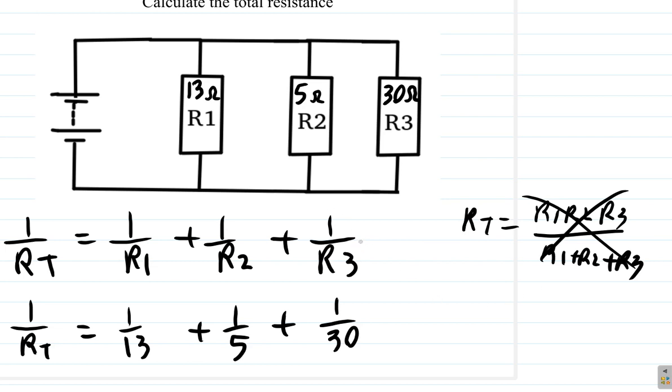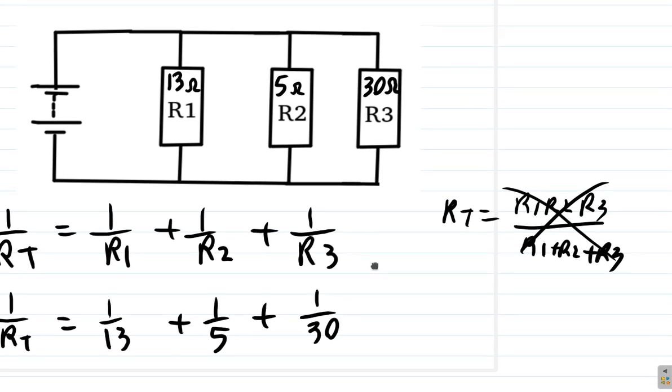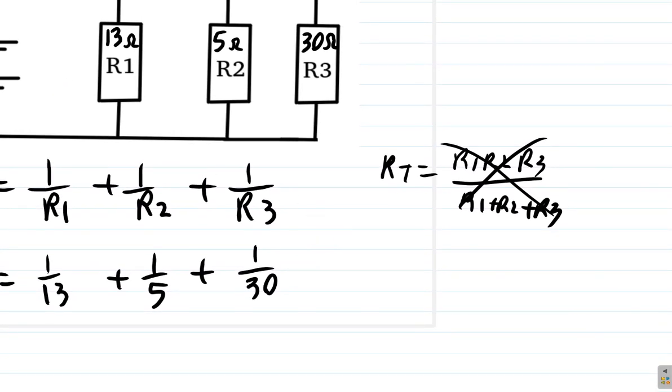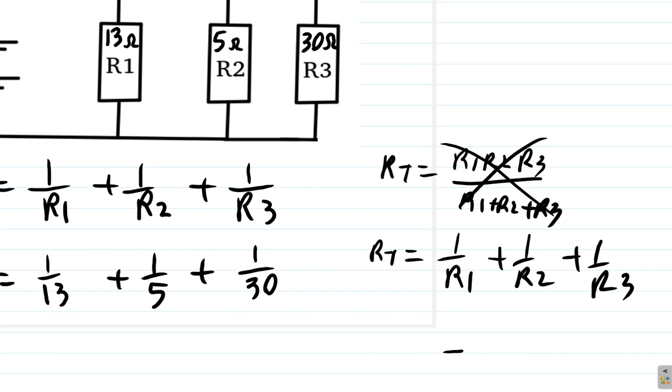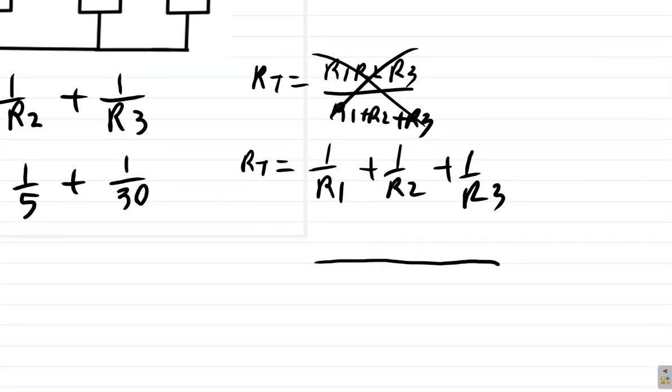Alright? We had derived the product over sum using two resistors, so let us just take a moment to derive it for three resistors. You see, when you say 1 over RT is equal to 1 over R1 plus 1 over R2 plus 1 over R3, the LCM of R1, R2, and R3 is going to be R1, R2, R3.